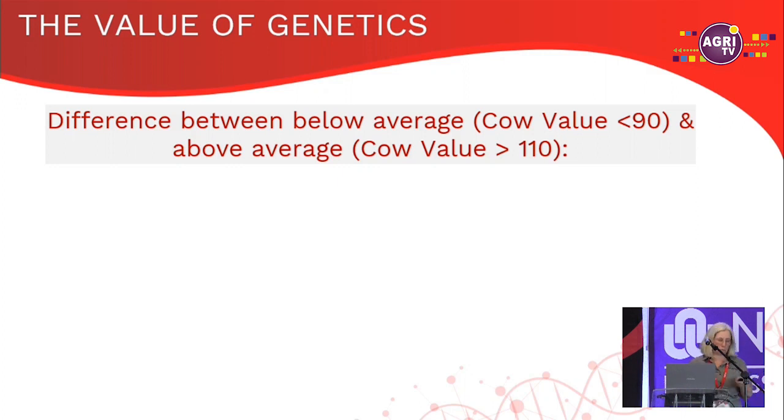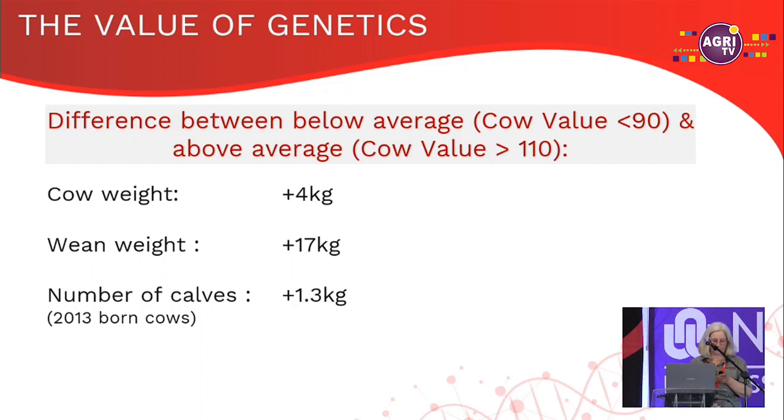Remember, this is now over all environments. So the difference was the above average cows weighed 4 kilograms more than the below average cows, but they weaned on average 17 kilograms more. So the calves weighed more in the above average animals than the below average.